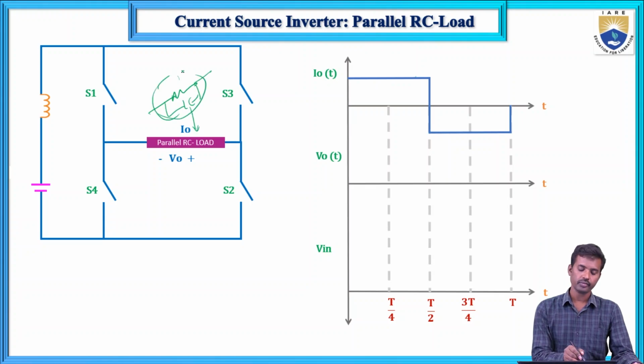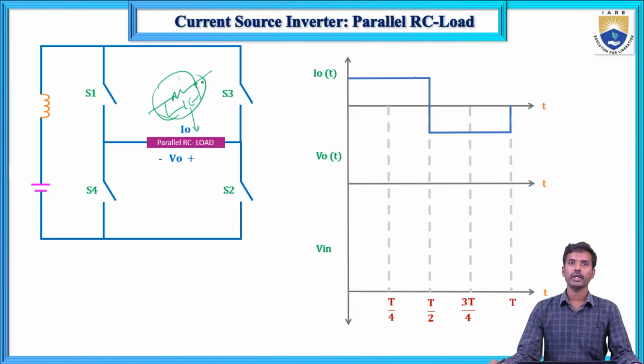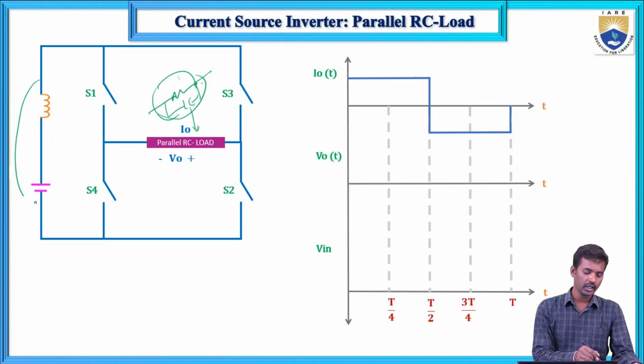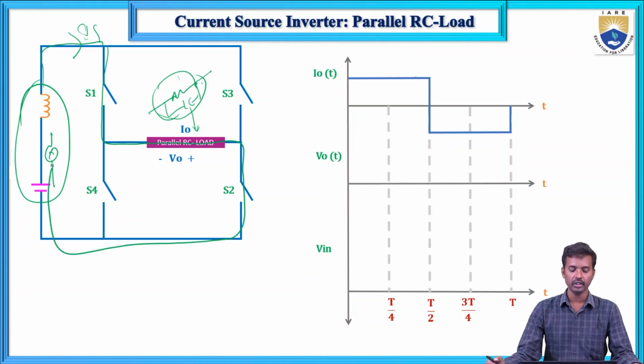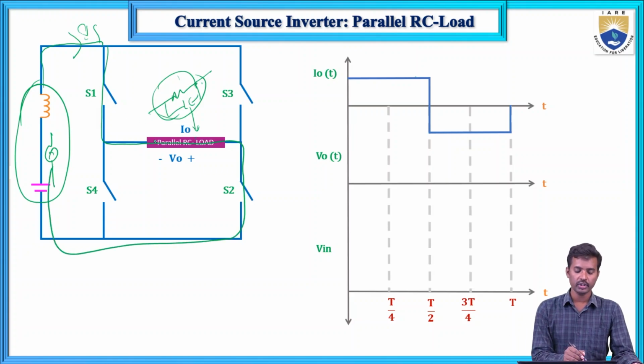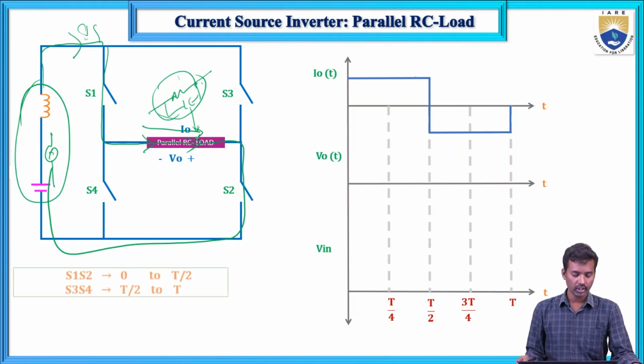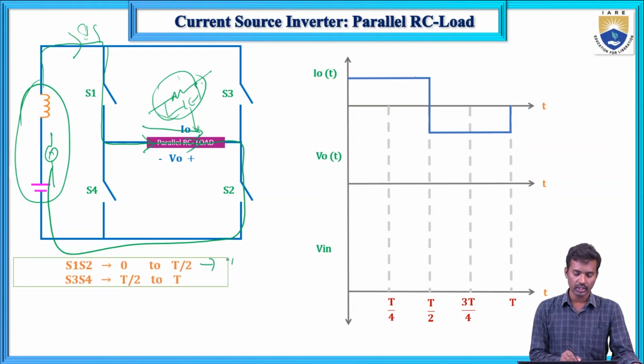So this is the current source I am connecting. This is the IS, same current is flowing, S1 and S2 switches we are connecting. So IS is in the direction of I0, and here IS equals I0 is always positive.